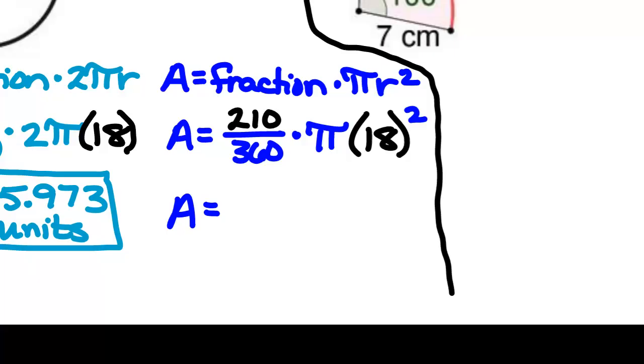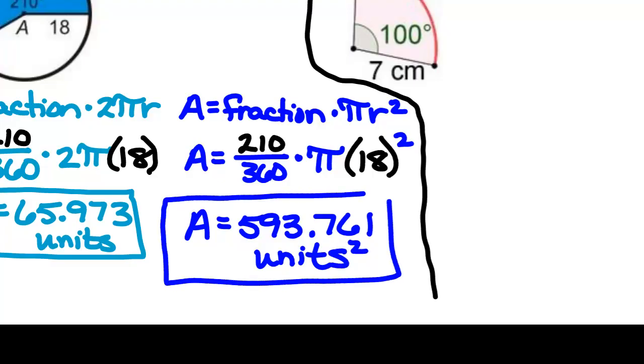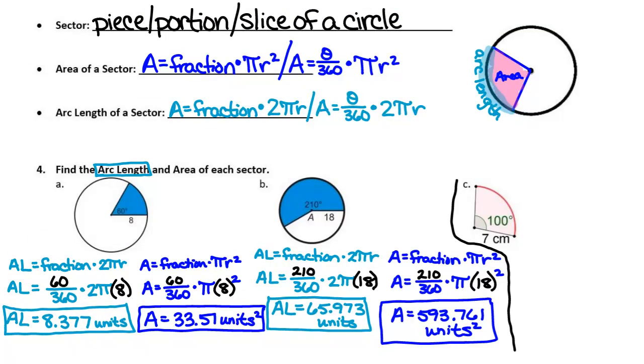What is the area? 593.761 units squared. Thank you. That is perfect. All right, I would like for you guys to try part C on your own.